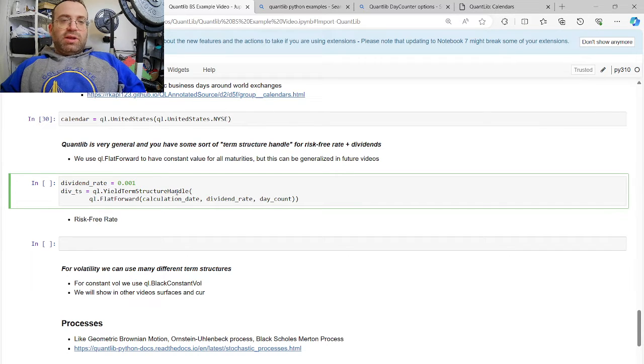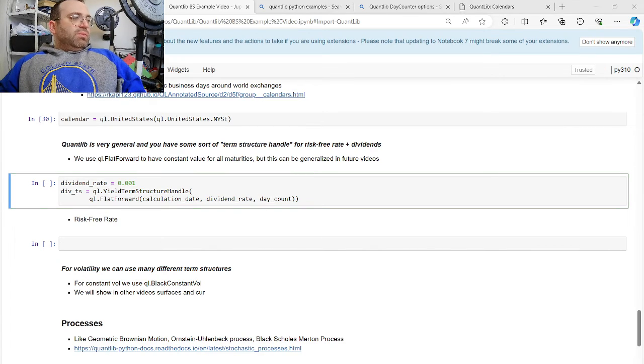You have to write the general stuff. And if you just want the simple constant one, you do QL.FlatForward, calculation date, dividend rate, day count. You have to give it that because it'll translate it to the right stuff. It's always this format: calculation date, dividend rate, and day count.